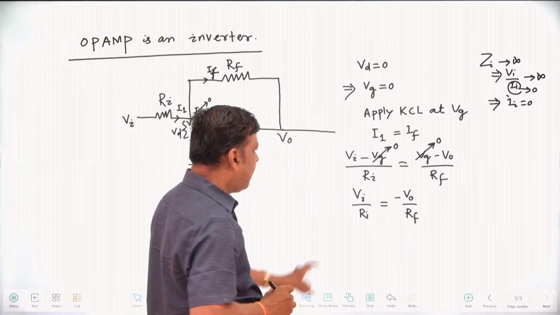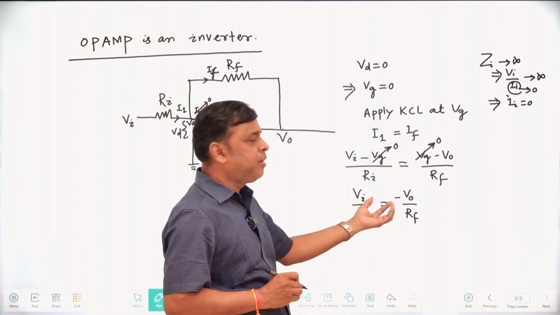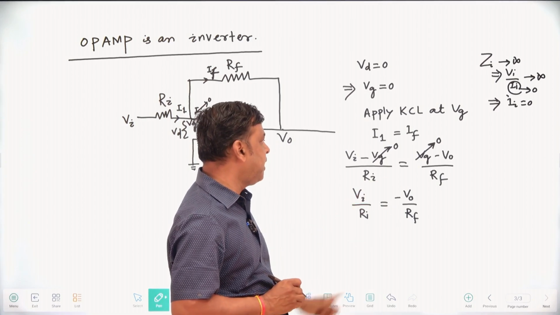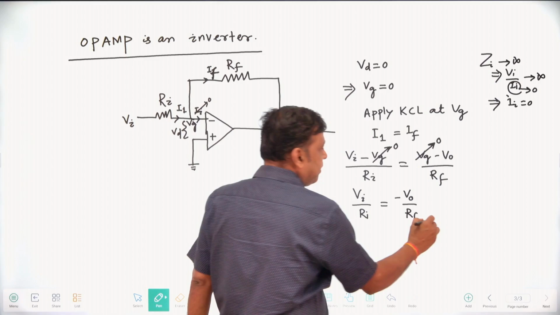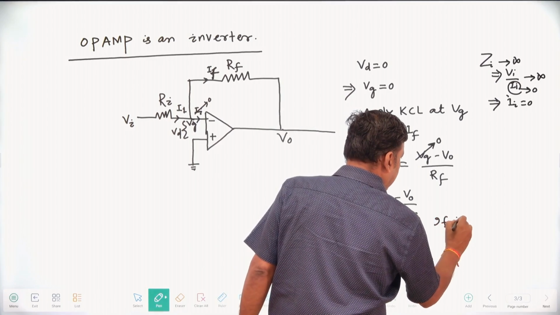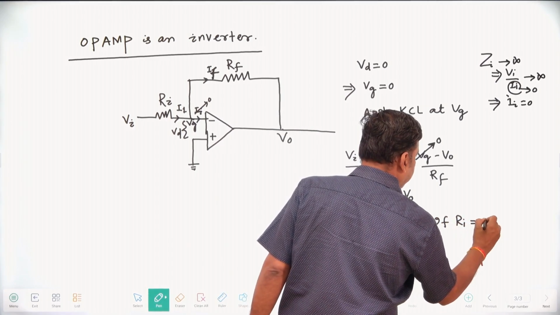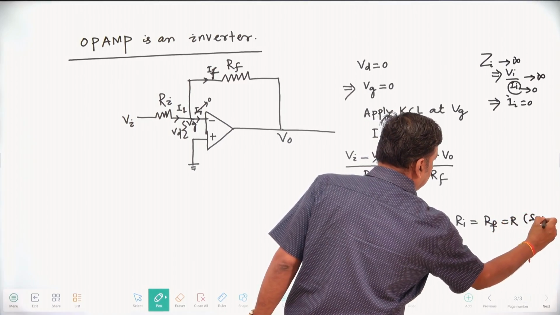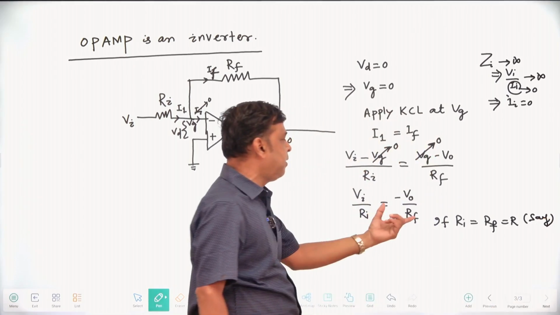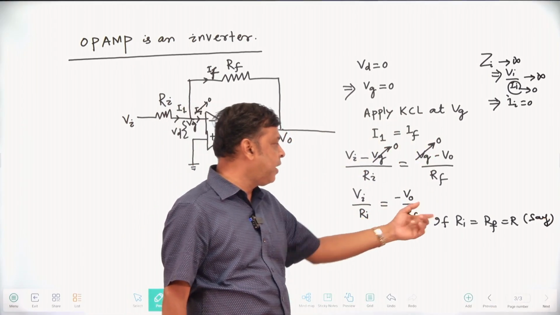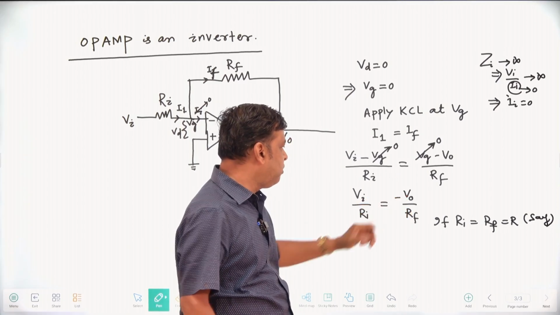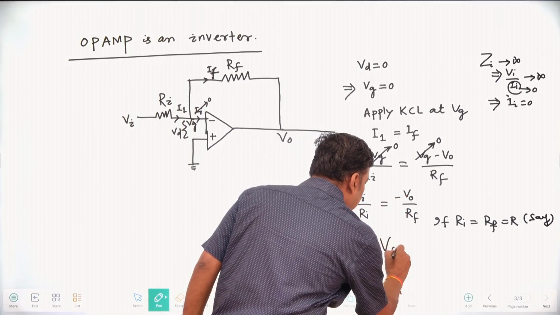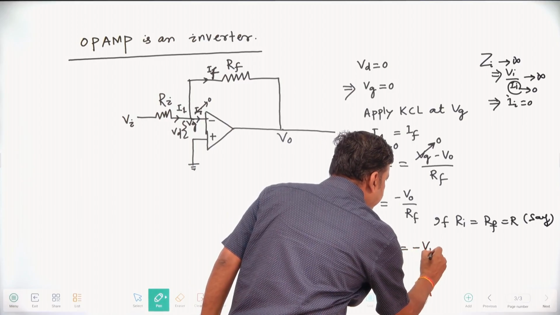This is the relation between input voltage Vi and output voltage V0. If Ri equals Rf equals R, then V0 equals minus Vi.